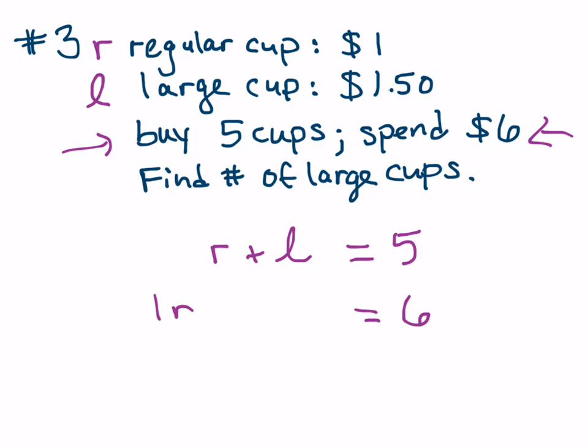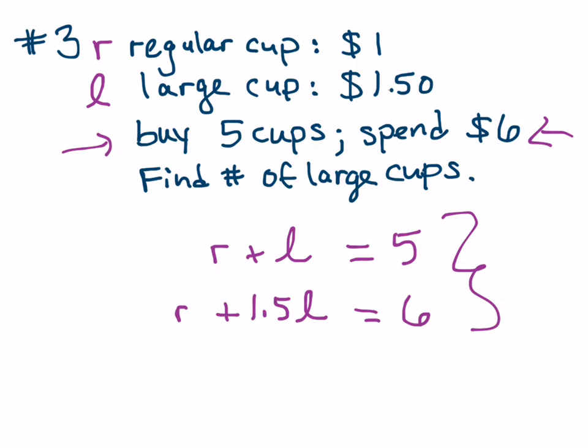So 1 times R is the cost of all of those regular cups that they purchased, or you can just write R. And then large cups cost $1.50, so it's 1.5 times however many large cups they bought. That gives you the 2 coefficients for those variables. And I'm going to erase this 1 and just leave that as an R. All right, so there's your system, and I think you know what to do from there.